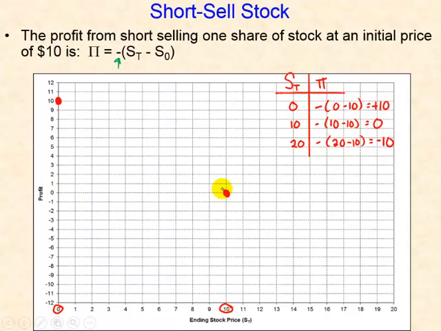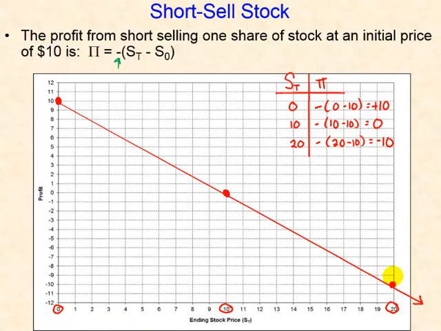We'll draw a point at the intersection of those two values. And finally, we'll set the ending stock price equal to 20. In that case, our profit's going to be -10. So we'll come over here to 20 on the x-axis and -10 on the y-axis and plot a point. We've now got 3 points. We can connect them with a straight line and chart the profit from short selling a share of stock.